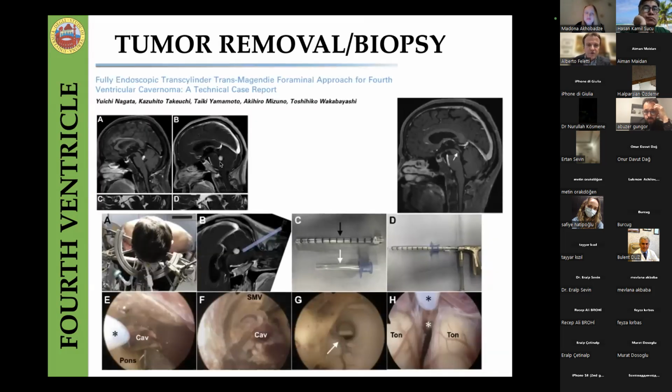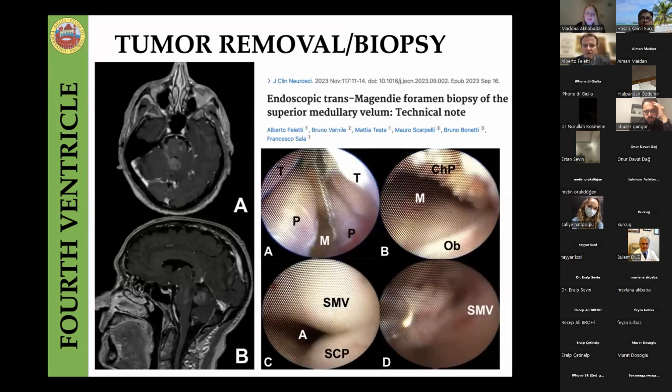Of course, in the fourth ventricle, we can also select a different approach with a retrograde, like a trans-Magendie route with a rigid scope, like this Japanese group did. But we can also use a flexible scope with a retrograde route, like we did in this patient, who presented with several lesions in the brainstem and at the level of the superior medullary velum, which is actually a very difficult area to get biopsy from.